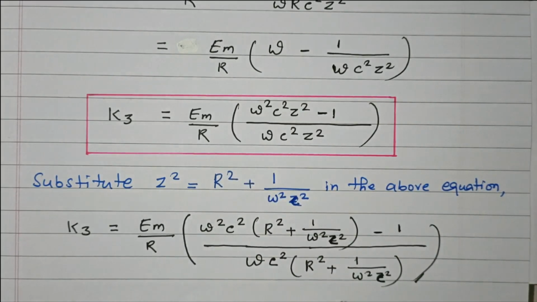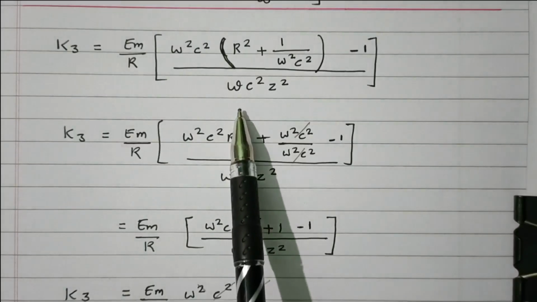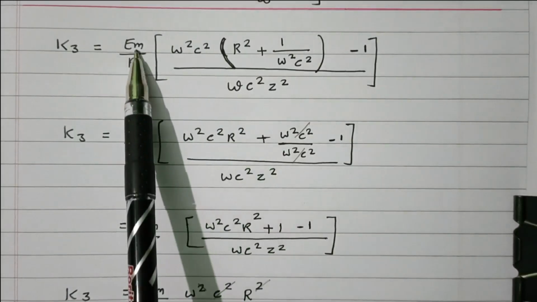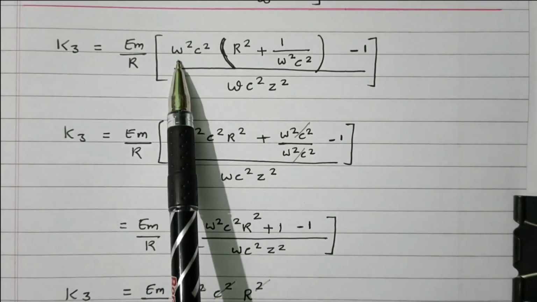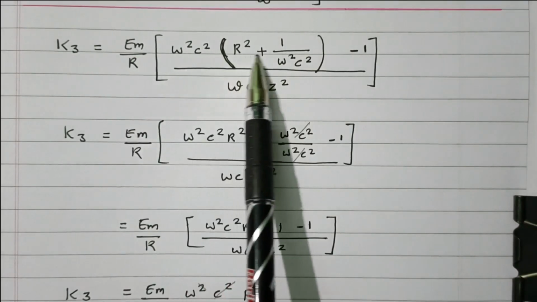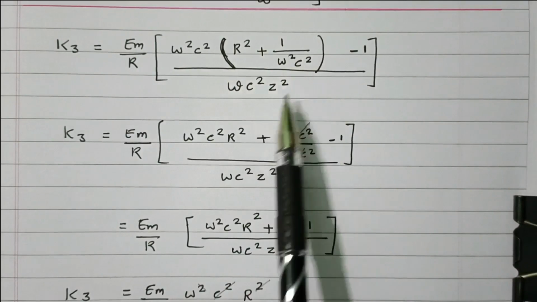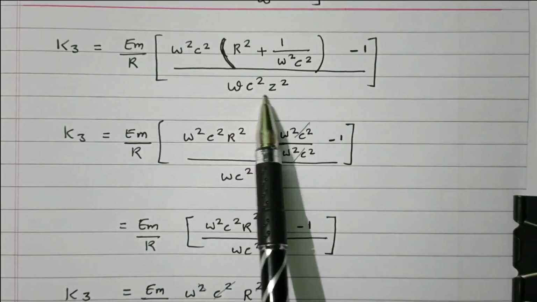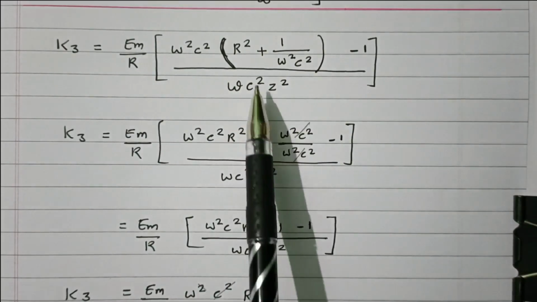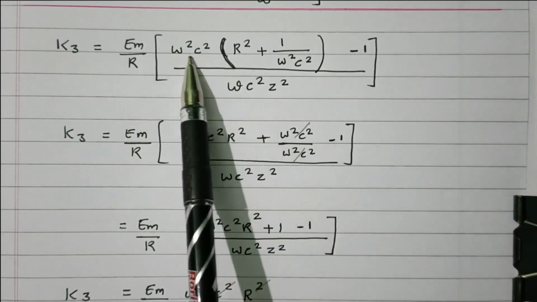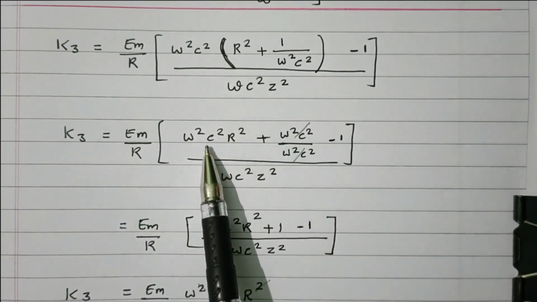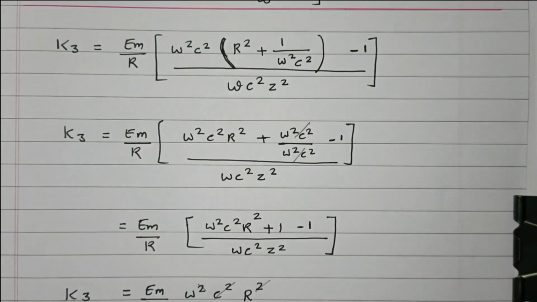Now we'll go for the further simplification. So Em by R omega square C square into R square plus 1 divided by omega square C square, divided by omega C square Z square. Now we will multiply inside. This time we multiply inside: omega square C square R square.